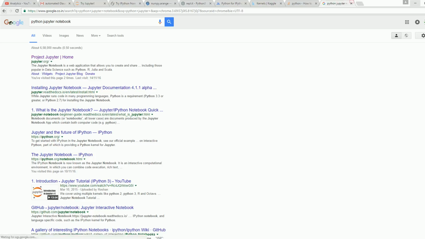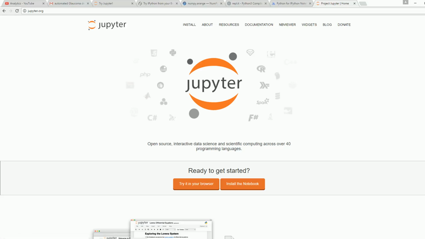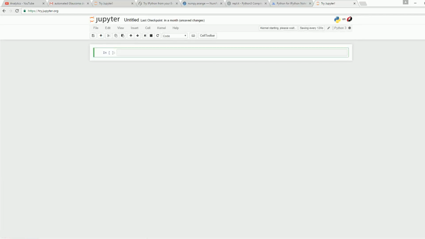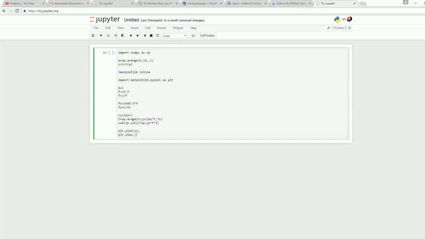Let's close all the kernels which are there. It shows that the kernel is ready, so let's paste the entire code that we have developed and let's run this.